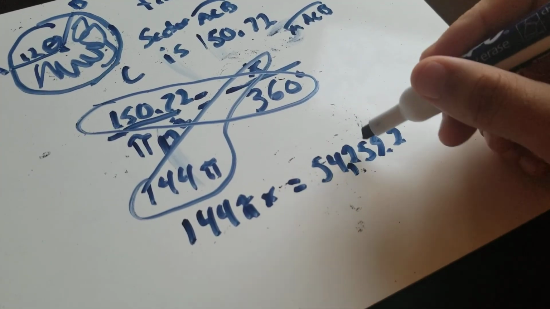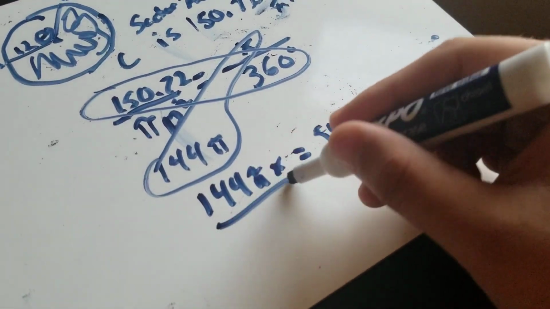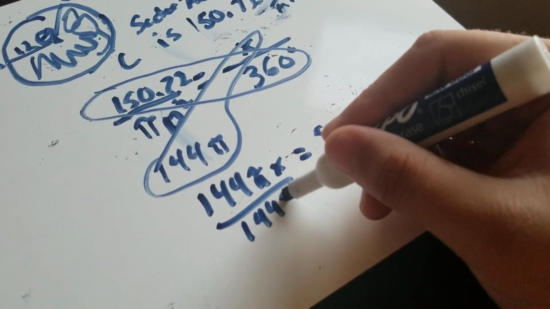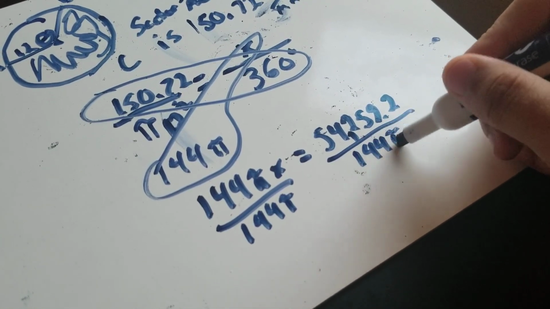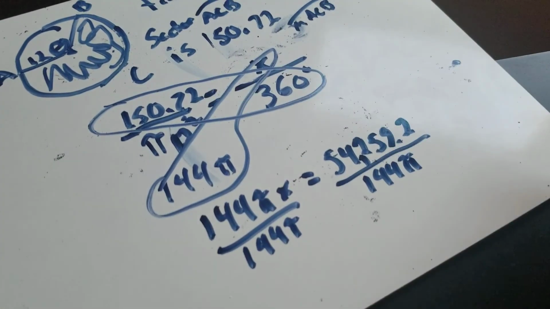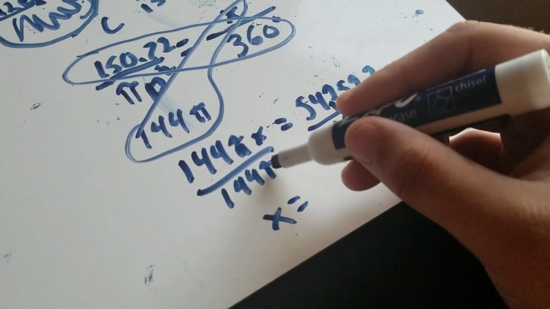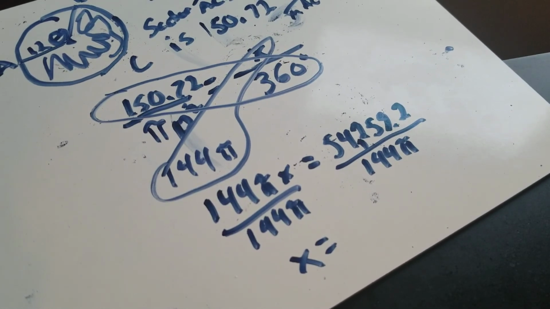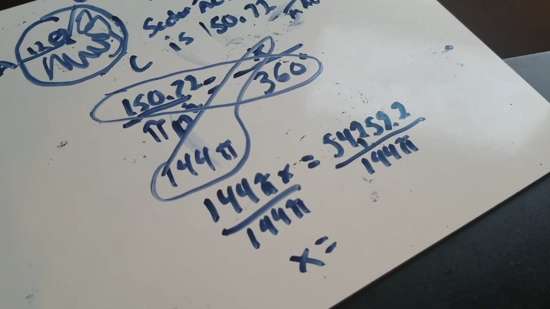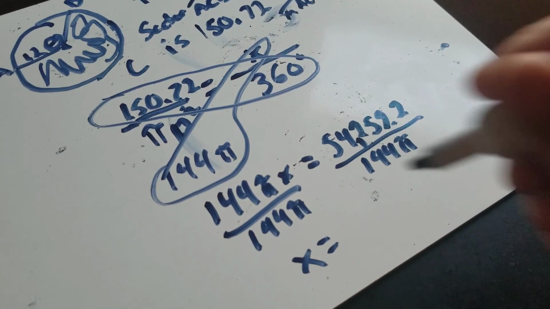So we got 54,259.2. So we're going to divide both sides by 144 pi. And to find 144 pi, you put it in your calculator. But I'm just going to divide it like that. So divided by 144 pi, or 144 and 314.